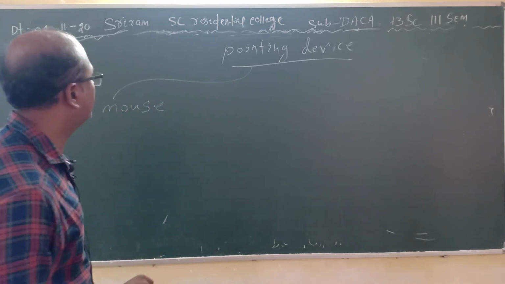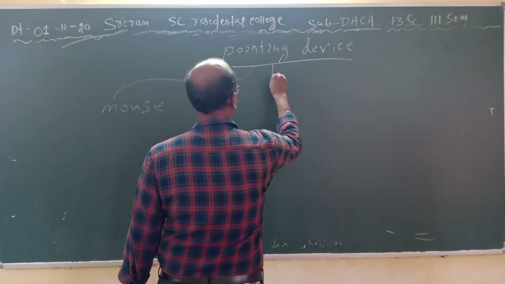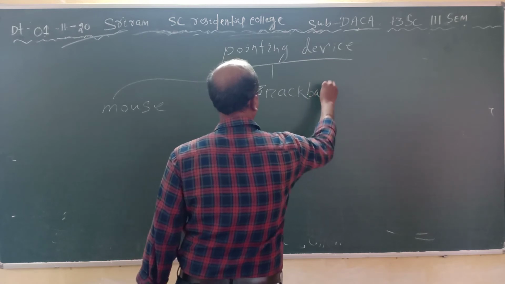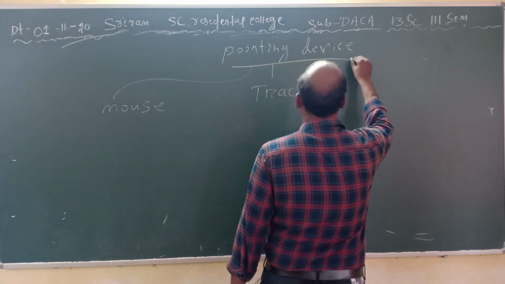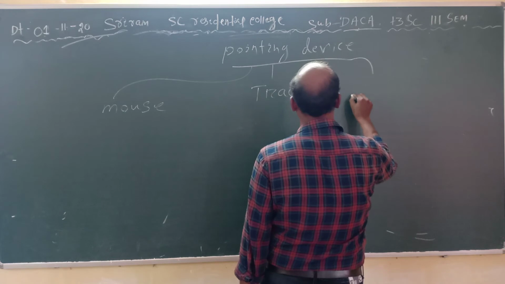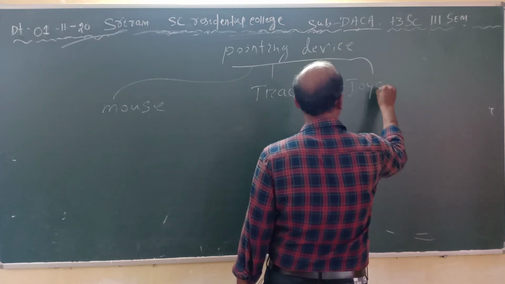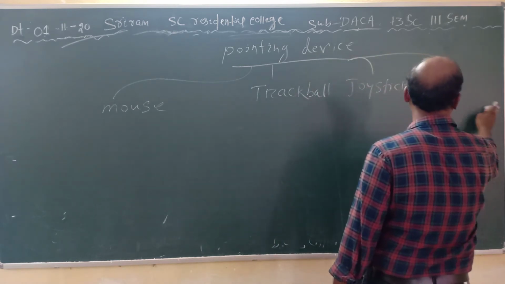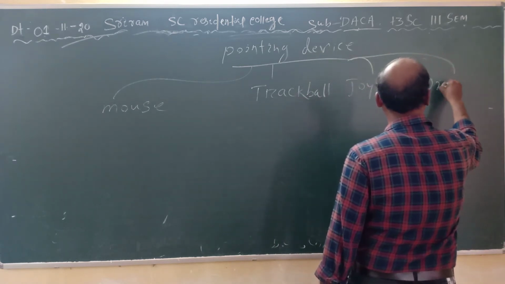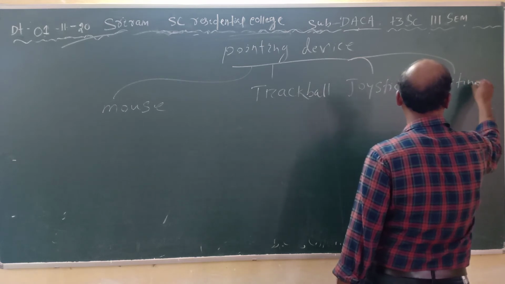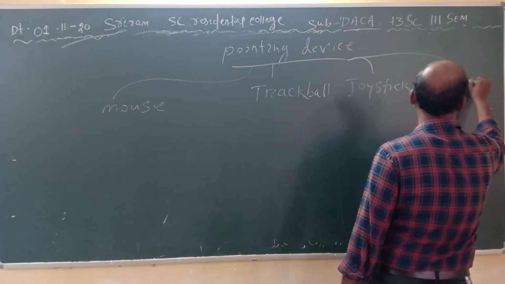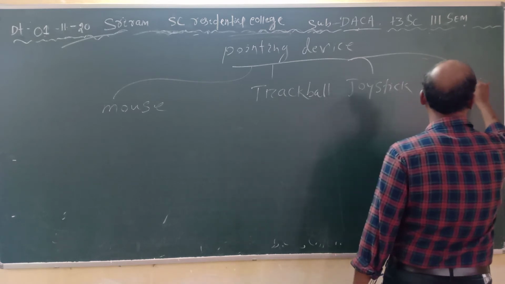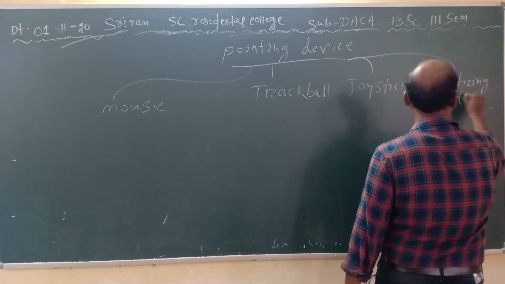The mouse is one type of pointing device, and another is the trackball. Another kind is the joystick, and another kind is the digitizing tablet.